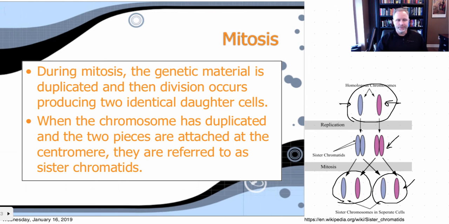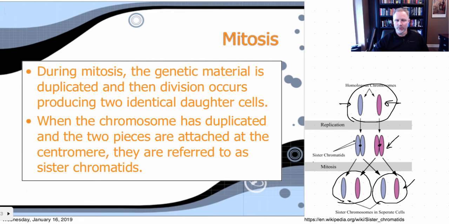Okay, and what you have here, when these things are pinched together, they would be pinched together at the centromere, really at the very center here that you really can't see. You'll see in a later picture in a minute. But when they're joined together at the center, they're referred to as the sister chromatids, as you can see right here.